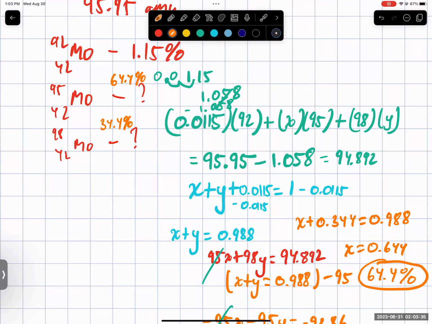So now there's one last and final thing we need to do. We have to add them all up and see if they equal 100%, because that's the way we can truly determine if we did it correctly. So if we add all of these percent abundances up, do we get 100% or something close to 100%?